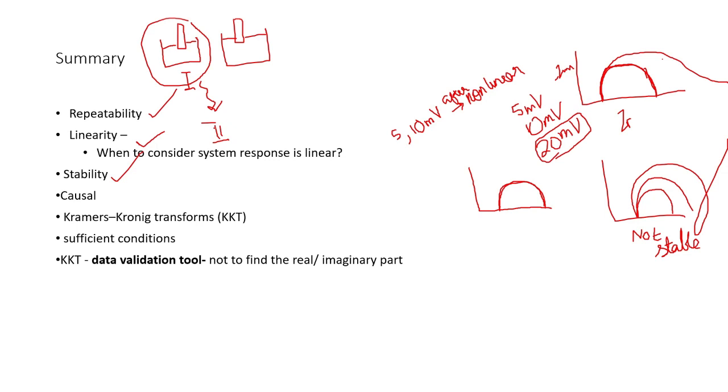That is a sort of repeatability with respect to time. After some time has lapsed, if you are able to repeat the results, the signature, that is the stability of the system. But we cannot term it repeatability. It is with respect to time, and there is no change in the system. That is what stability means.